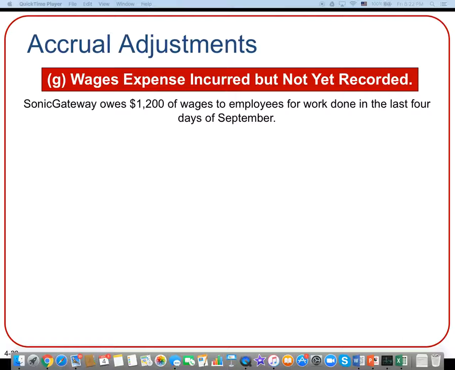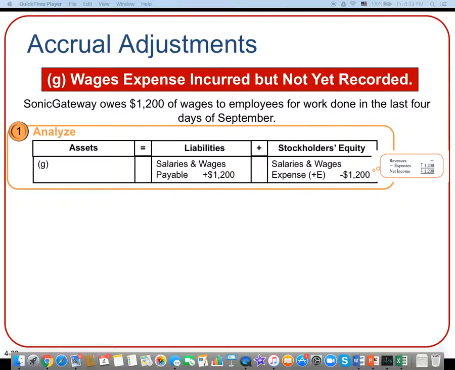Last 4 days of September, right? If our accounting period closes at September 30th, but you don't pay until maybe mid-October, there are 4 days of wages that you need to accrue, because that expense is already incurred according to the matching principle, if you remember.